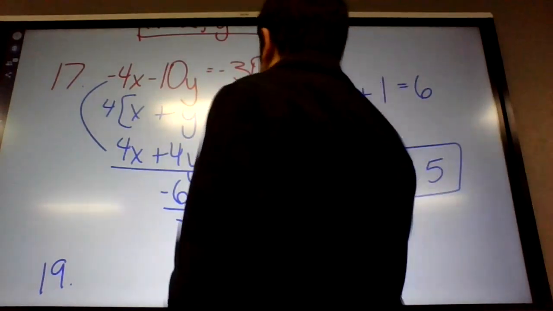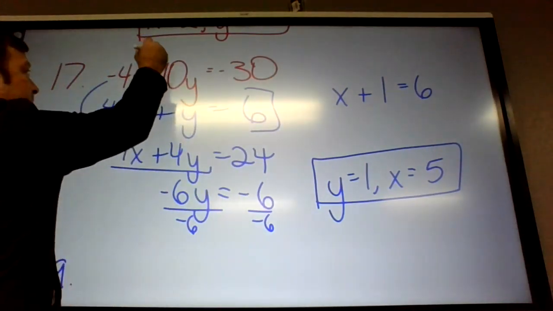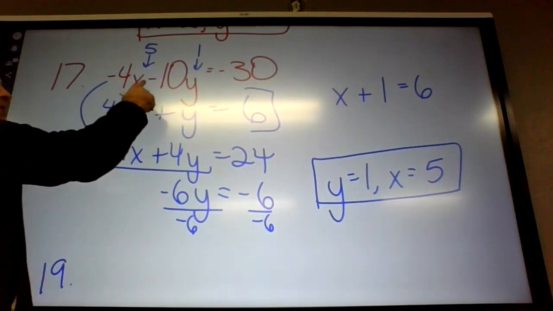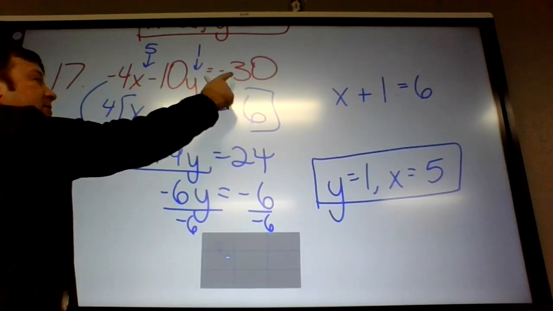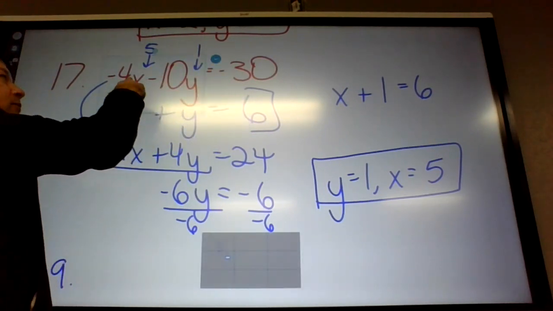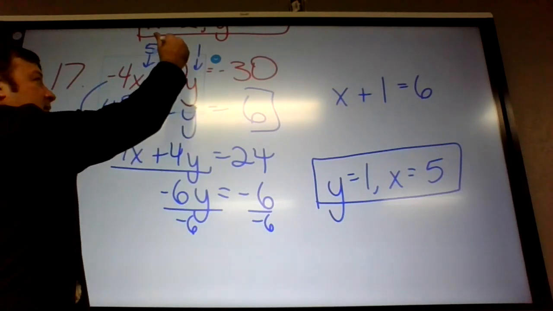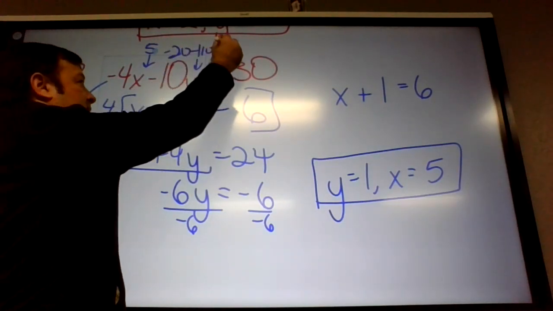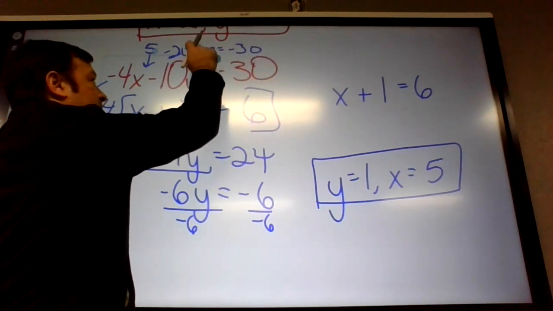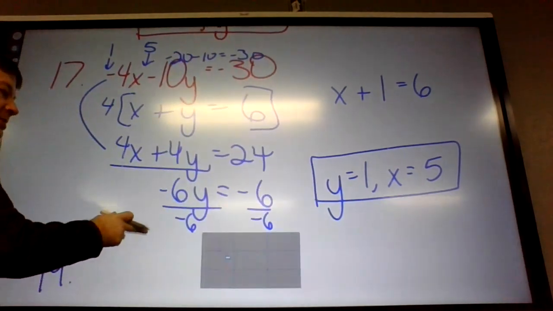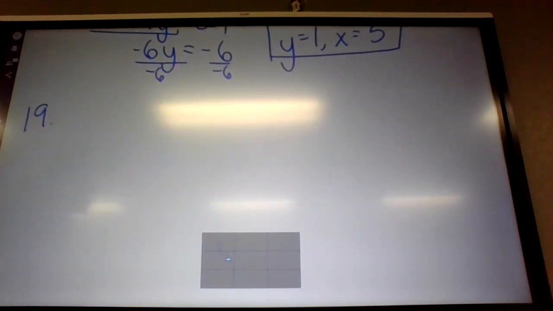So if I plug in 5 for x and 1 for y, does it actually equal negative 30? Negative 4 times 5 is negative 20, negative 10 times 1 is negative 10, negative 20 minus 10 is negative 30. Anyway, it works. So it's a way to guarantee you got it right.